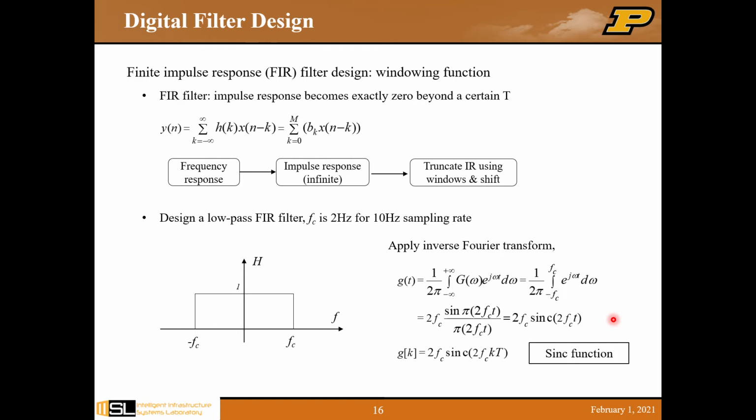That corresponds to the square signal, I mean the frequency, Fourier transform pair. And it's equal to sin x divided by x. This is the continuous form of g(t), and for filter design, we use the discrete form, which is discrete samples g[k] here.